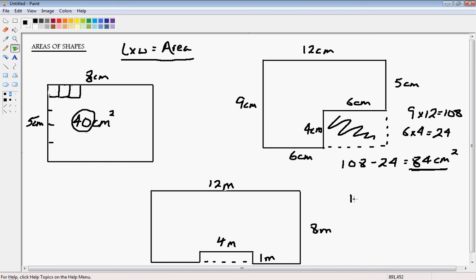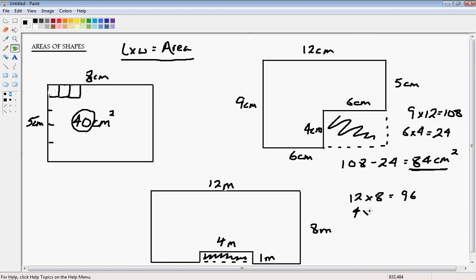So the whole rectangle here is length times width, so that will be 12 times 8, okay, which I know is 96. Now the width of this, or the length of this, is 4 meters, and the width is 1 meter. So that's already been put in for me. I haven't got to work anything out.